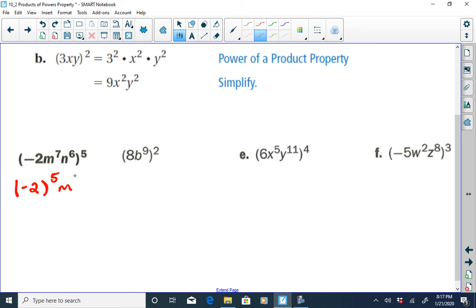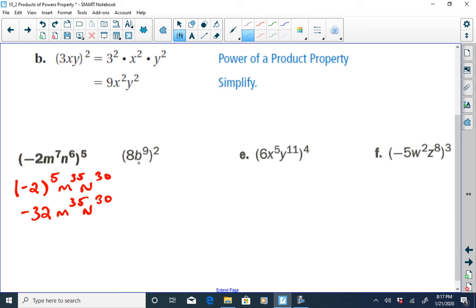That's going to be m to the 35th. 6 times 5 is 30, so that's n to the 30th. Now, if you want to multiply -2 to the 5th power, that's 2 times 2 is 4, times 2 is 8, times 2 is 16, times 2 is 32. So that would be -32 times m to the 35th times n to the 30th.